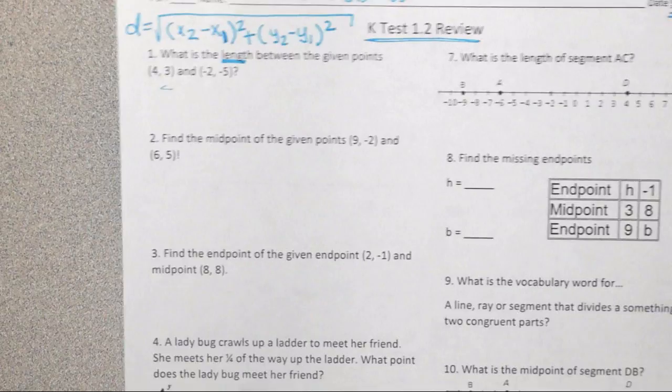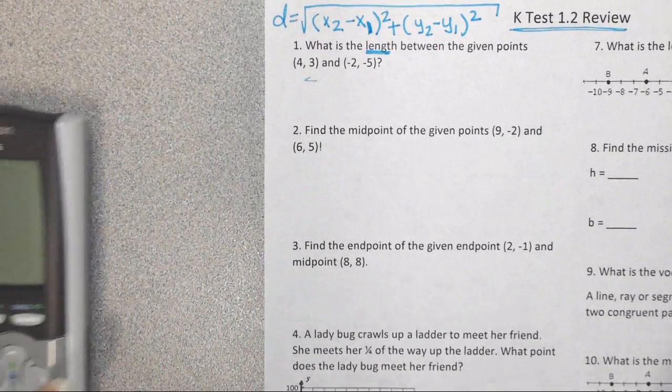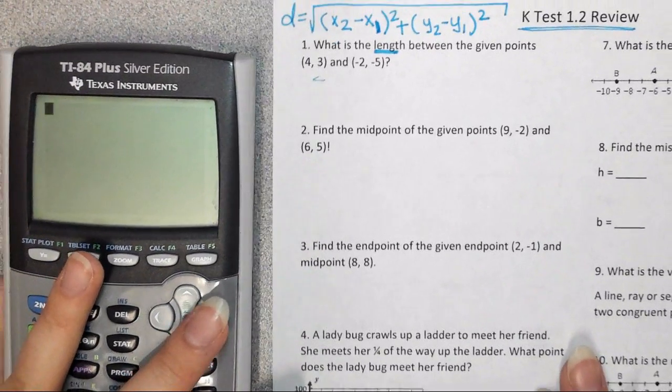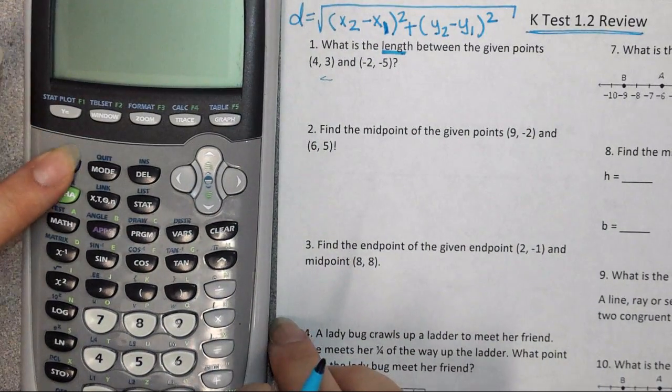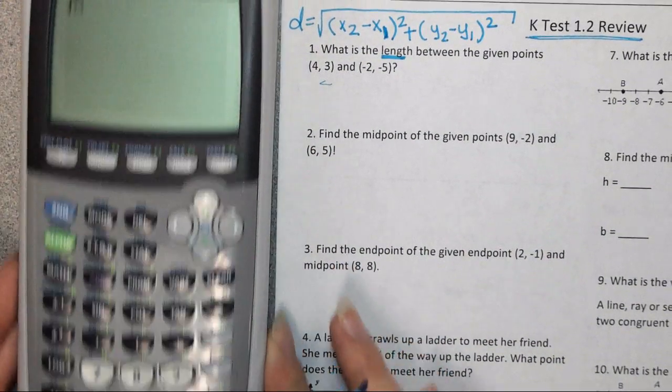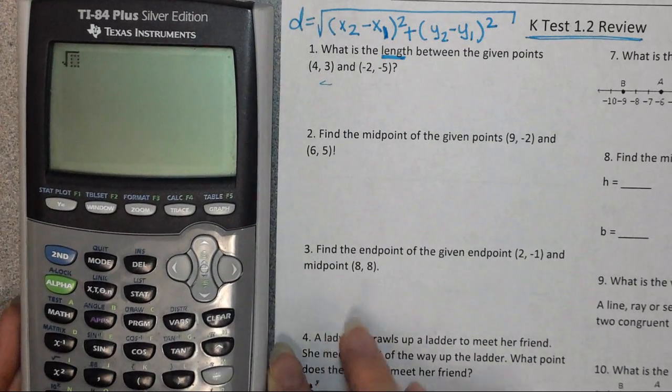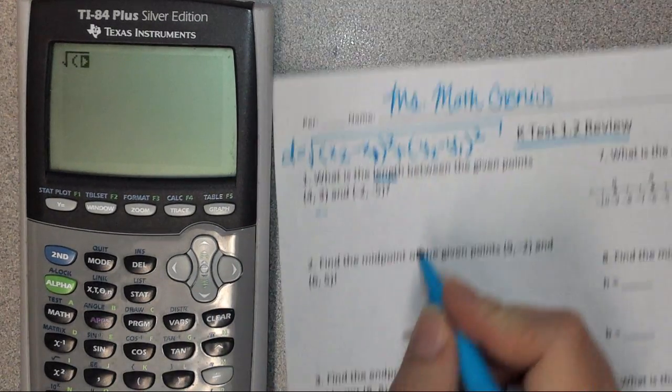Okay, so when you type this into the calculator, you are going to press second, x squared to open up your square root, open the parentheses.